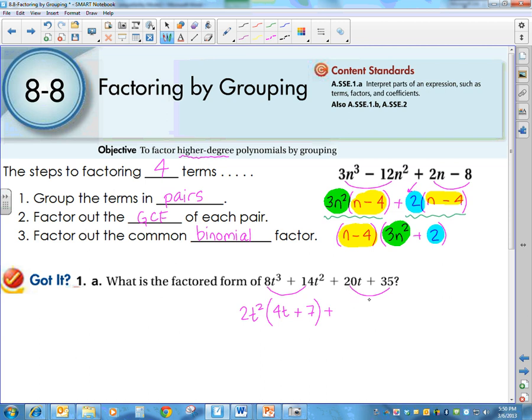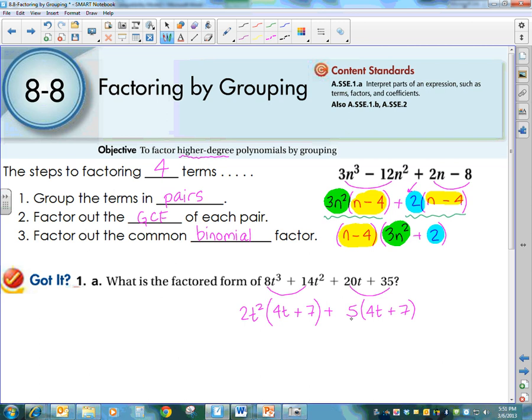Now, what you can do, these problems are contrived. They are designed to help you practice this process. So if you're having any trouble finding that GCF, these terms have to match. So put your 4t plus 7, figure out what number goes here to get me back to 20t plus 35. What do I multiply 4 by to get to 20?